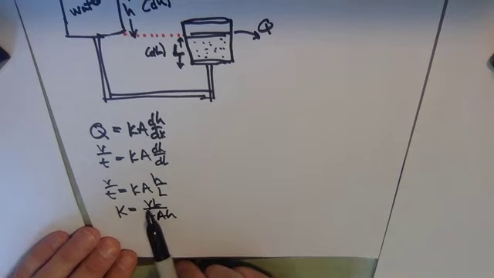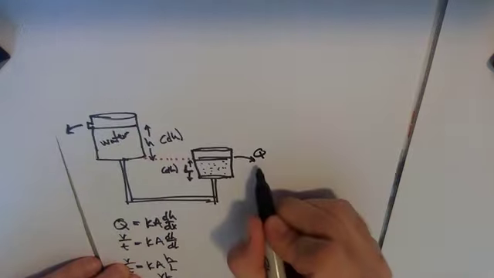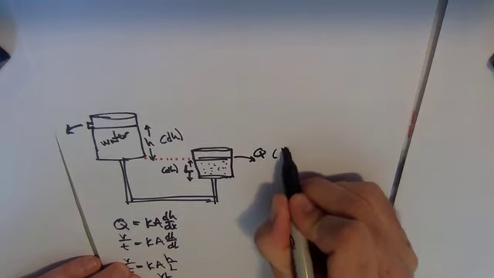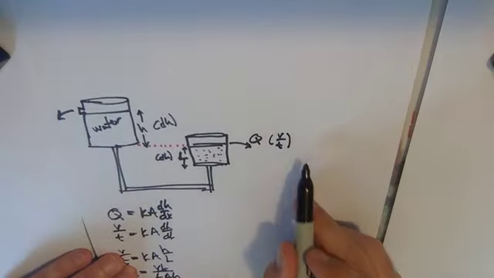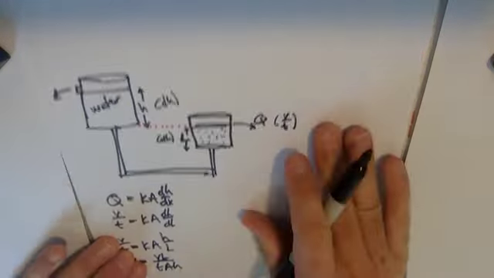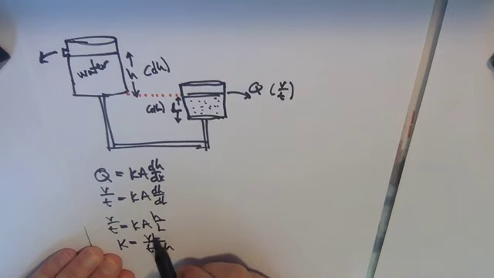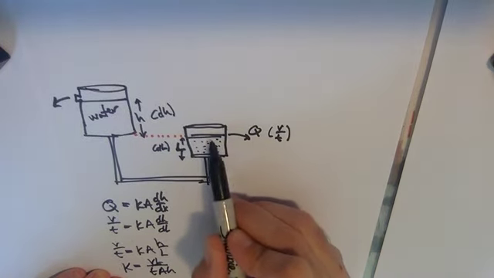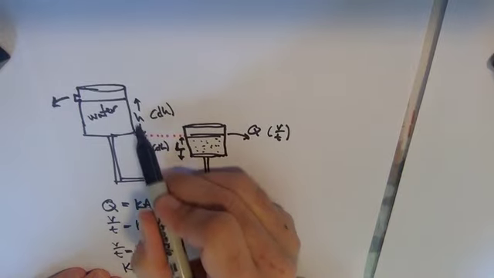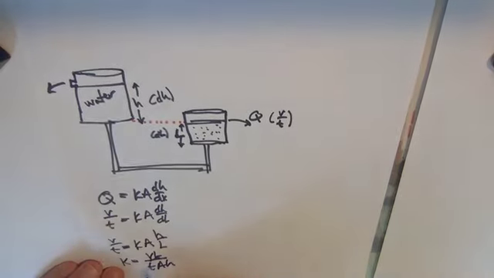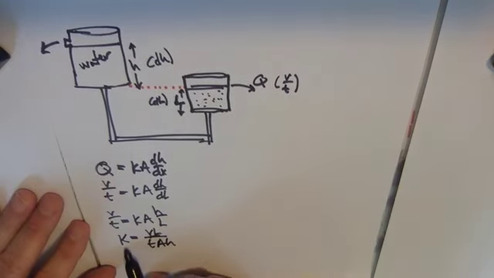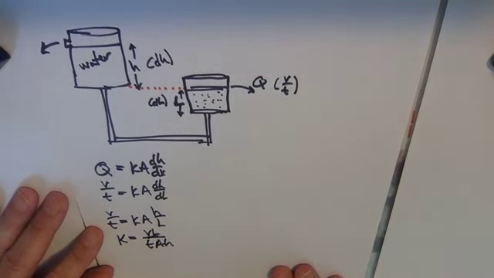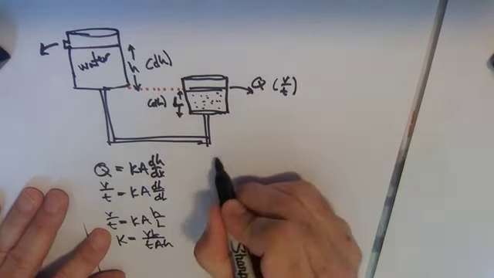So in words, what does that mean? That means that if you measure the volume of water that comes out over here, the volume per time, in a given time, and you know the thickness of the sample, and you know the cross-sectional area of the sample, and you know H, which is kept constant, you just plug and chug, and very quickly you can calculate K. Now, how do you know the cross-sectional area?